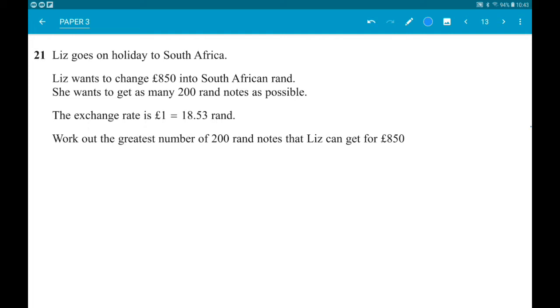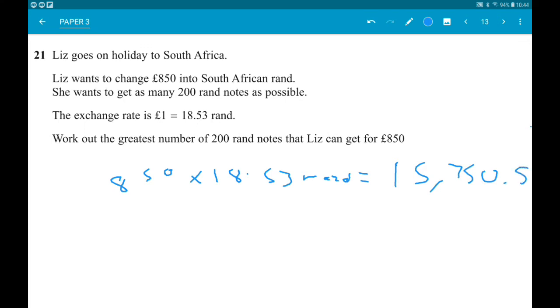So, first thing to do then is to work out how many Rand she can get. So, for that, we're going to do 850 times 18.53 Rand. Now that gives us 15,750.5 Rand. So that's how many Rand she gets.